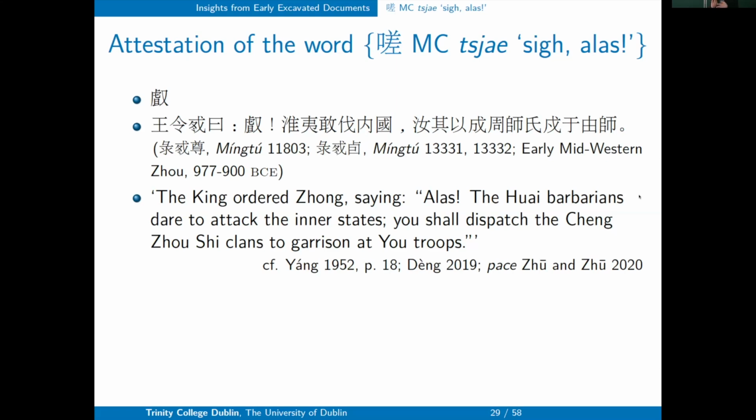And this viewpoint disagrees with Zhu and Zhu's paper, because in their paper, they argue this character should be used as a conjunction word, a connecting word. However, there's nothing that can be connected with the following sentences, because there's nothing before this character.